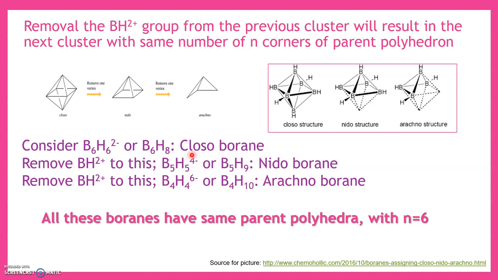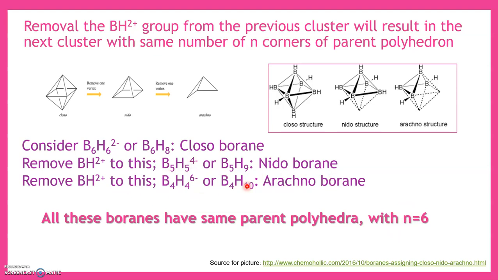This is very important because only when you have understood this can we calculate the number of framework electrons. And I would like to retain this n value here. Now, n always refers to the number of boron atoms in the parent polyhedron, or the number of vertices in the parent polyhedron.